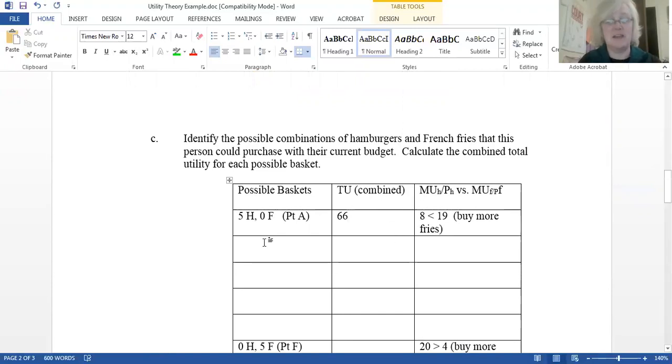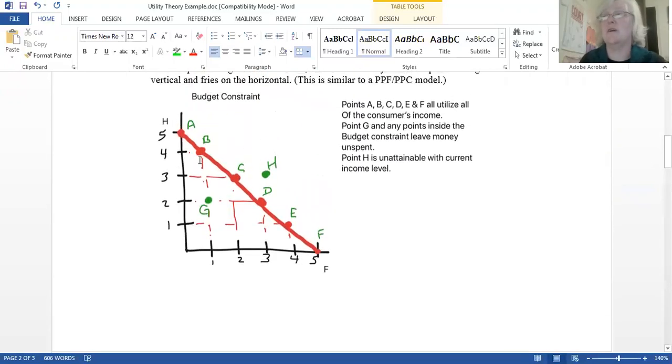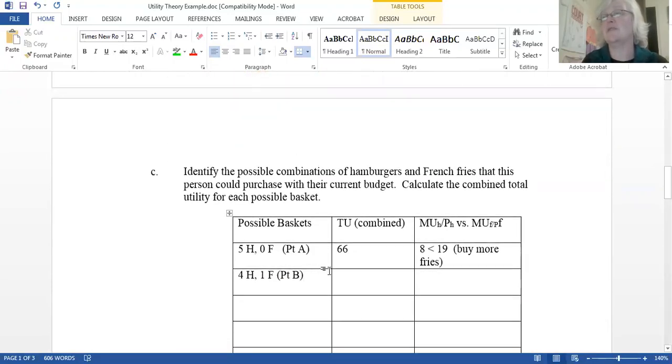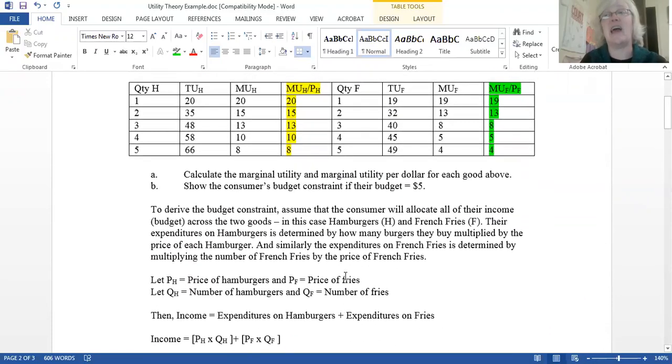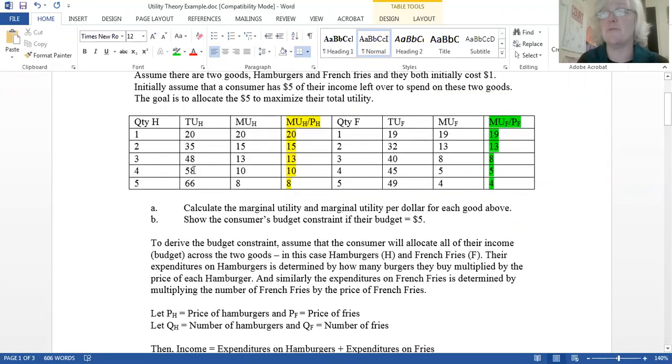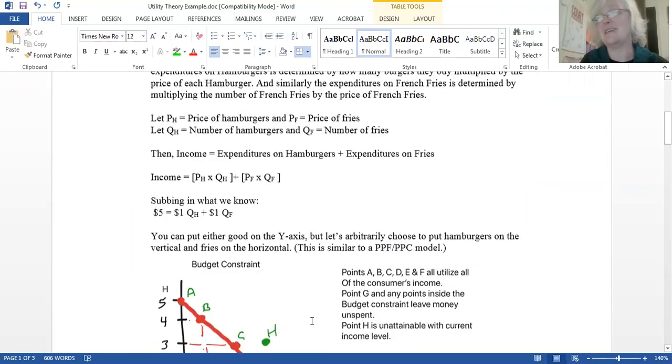Let me then go to my next point, which is 4 hamburgers and 1 French fry, and that's going to be represented by point B on my budget constraint. Look up here at point B, 4 hamburgers, 1 French fry. And let's look at what is the total utility. So we have to add them. 4 hamburgers, total utility of 58, 1 French fry, 19.